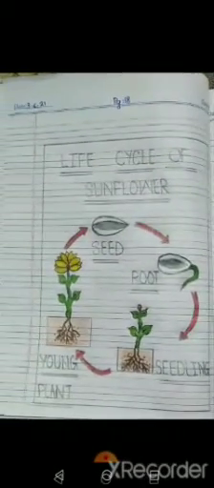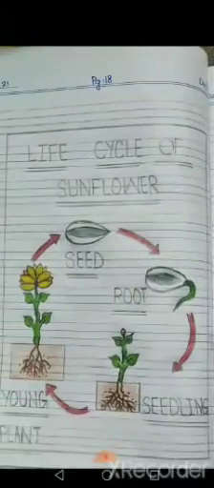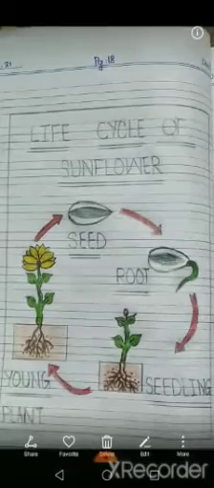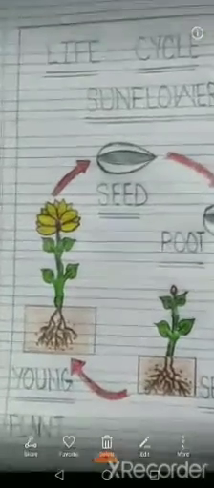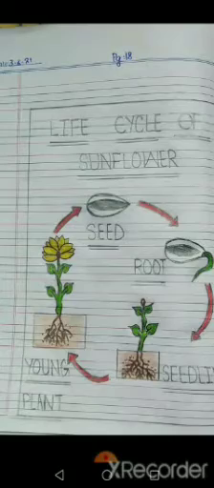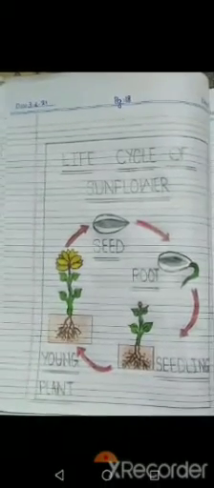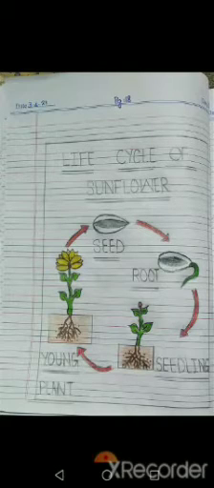Then give the heading life cycle of sunflower, then make a seed, then this, and then this. So these are the 4 stages of the life cycle of a sunflower. You have to draw like this, then color it, and also label this diagram. So this was all about your June task.